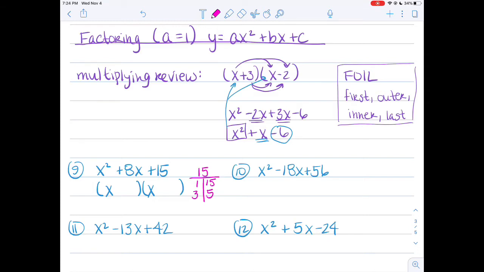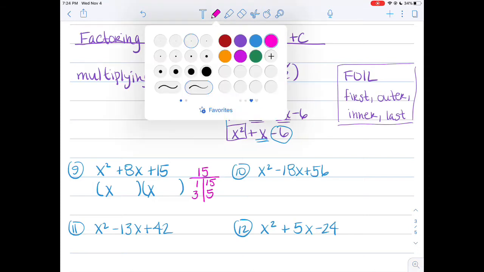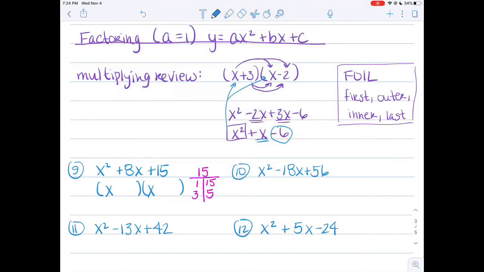So now what I want to look for is which of these two sets of terms will add to be a positive 8, and it's 3 plus 5. So I can write my factored form with a 3 here and a plus 5 here. We can check this by going the other direction. I have an x times an x gives me x squared.